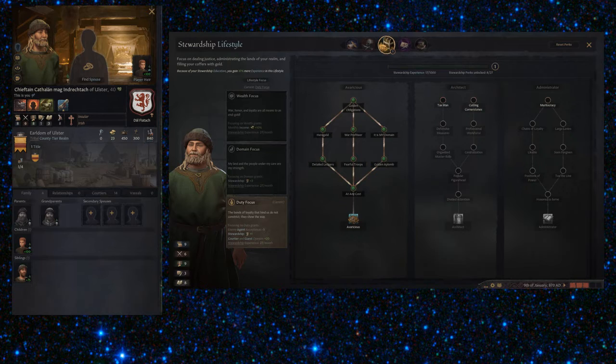On the left-hand side, we're seeing the marital status of the player character. We're also seeing all of the traits that that player character has, which are going to be affected by that dynastic traits menu that we saw in our last screenshot. I know this is very complicated.